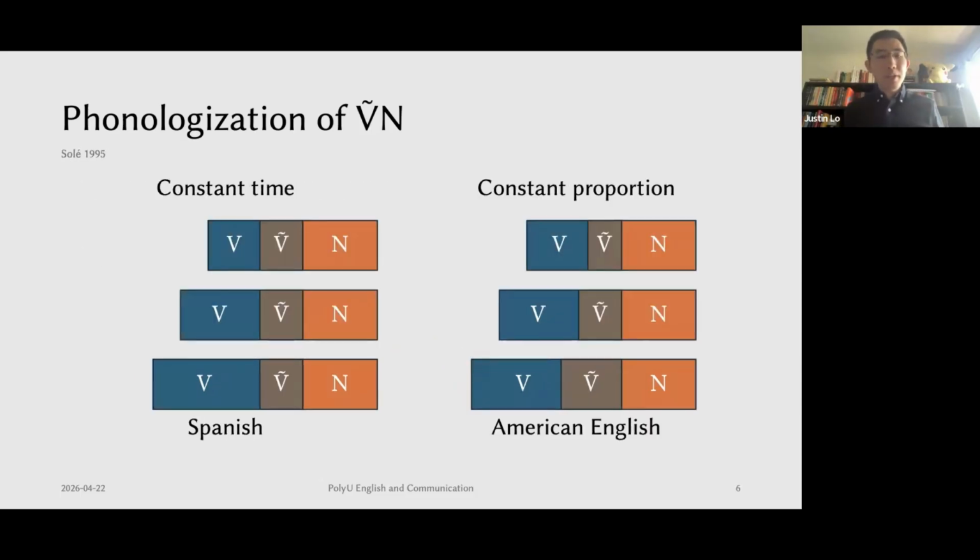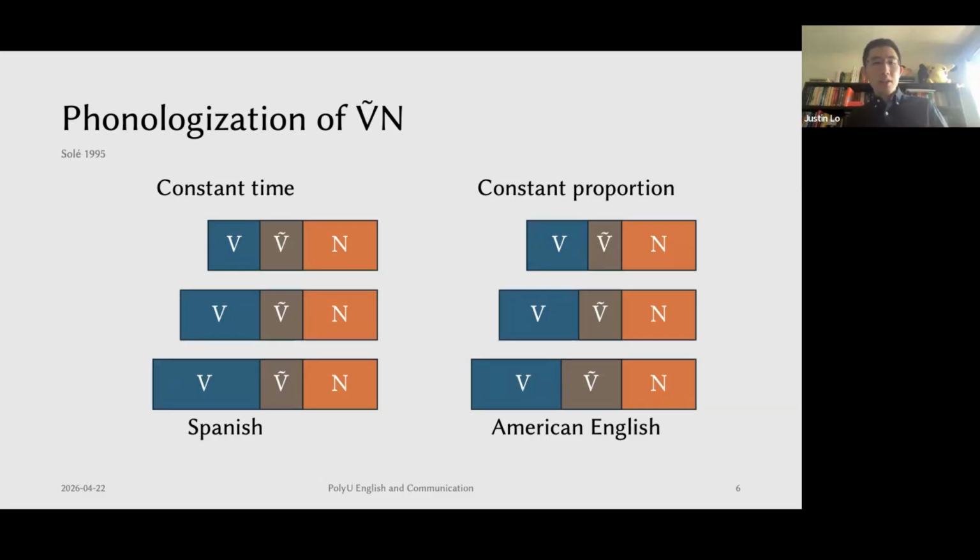Another perspective on what might give evidence to this nasalization being phonologized, and going on that path towards sound change of the nasal vowels, comes from Solé, quite a little bit earlier, who looked at two different languages in contrast to compare.